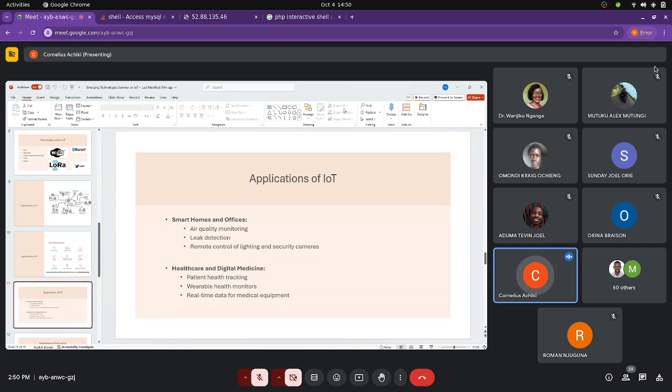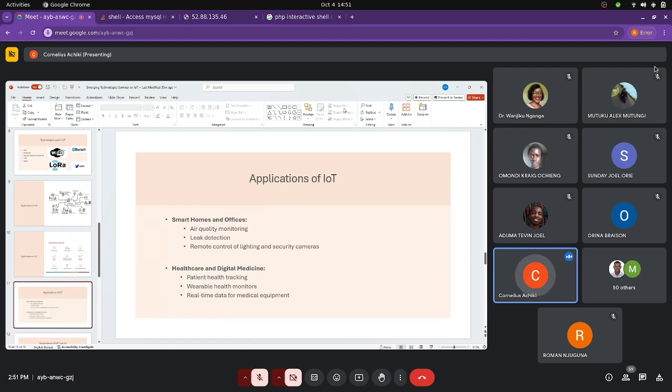If it's in the office, you have employees who are complaining that their offices are quite hot, or there's something in the air that they feel is affecting them. You're able to tell that in a minute's notice if there's anything that has changed. You can also look at leak detections. This is if you have gas leakage in your house or in your establishment, you're able to do that.